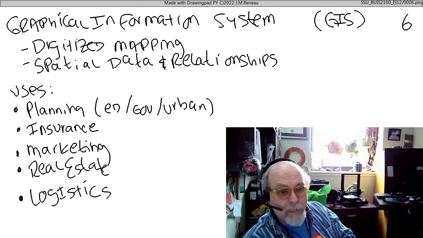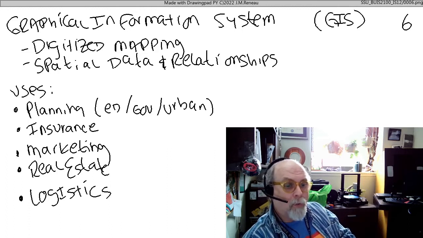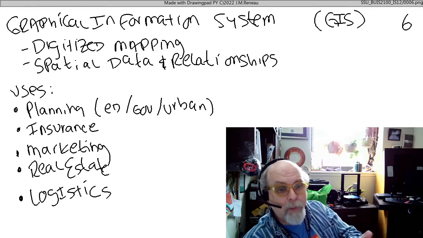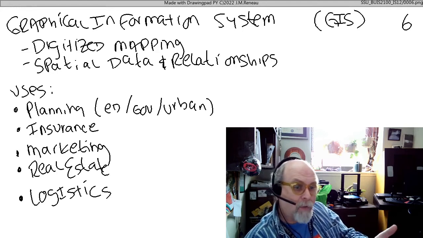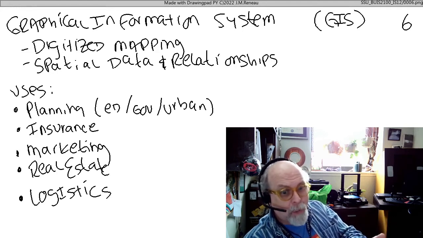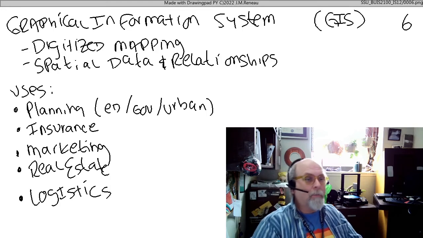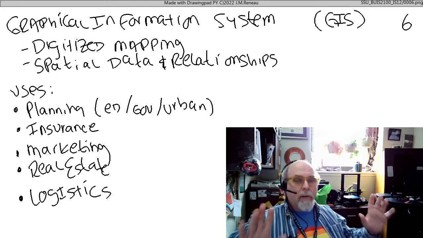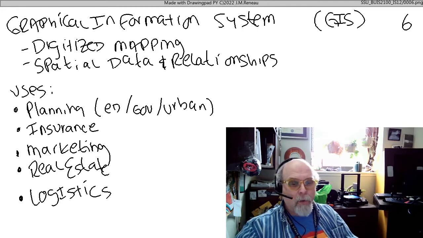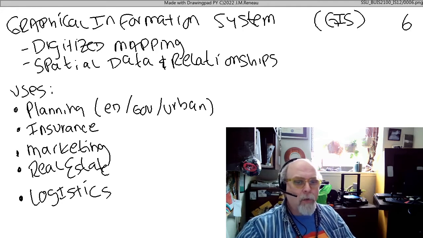And used in logistics, again, you want your warehouses close to where your customers are, or close to where your factories are, or preferably close to both. So by using these graphical information systems, you can really get a huge handle on how to make your business more efficient and increase sales, and just make everybody a lot happier.